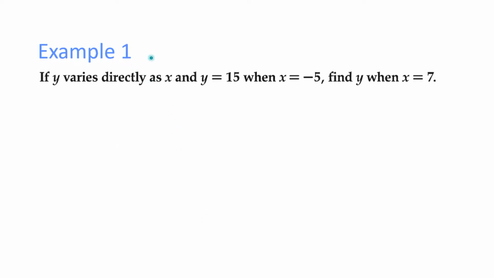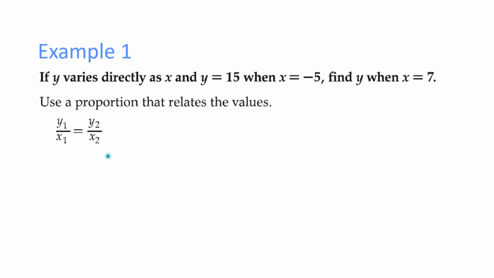Example 1. If y varies directly as x and y equals 15 when x is equal to -5, find y when x is equal to 7. Use a proportion that relates the values. So we already know that y1 over x1 equals y2 over x2.